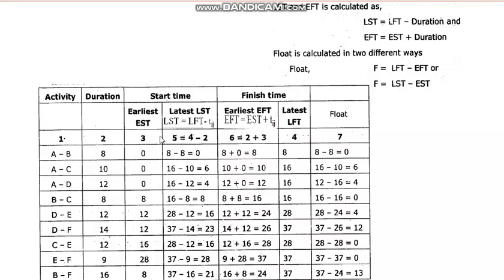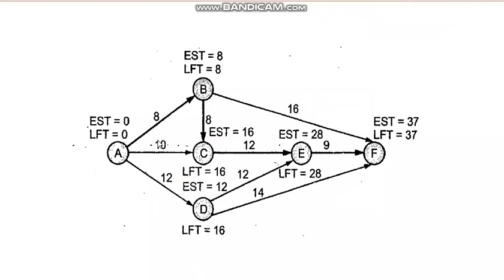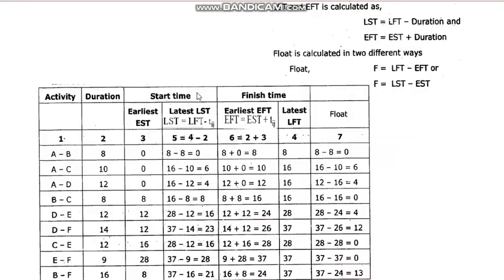So the earliest start time is 0, and the latest finish time is 8. Earliest start time is in column 3 and latest finish time is column 4. So for activity AB we can write 0 and 8.